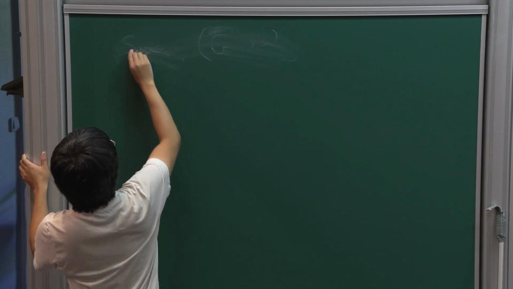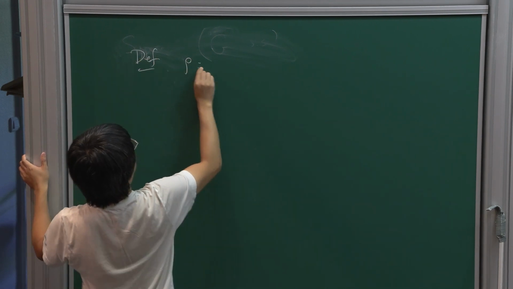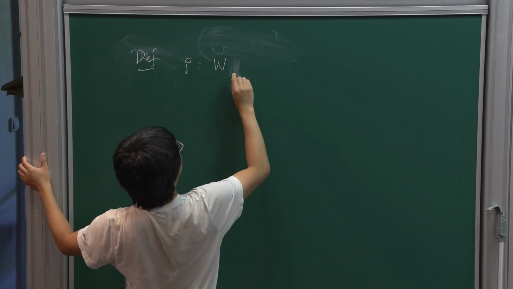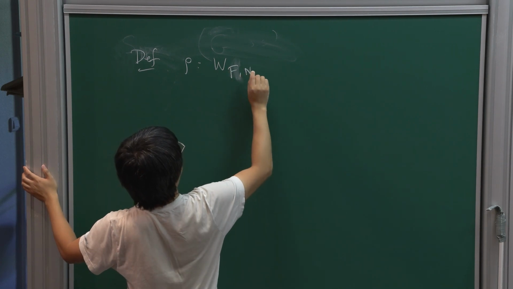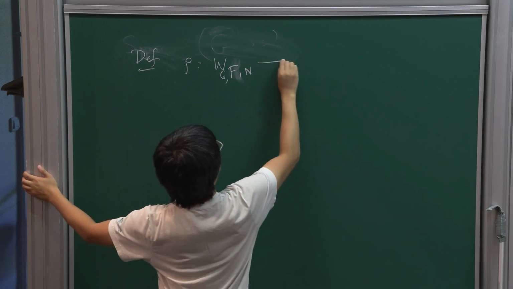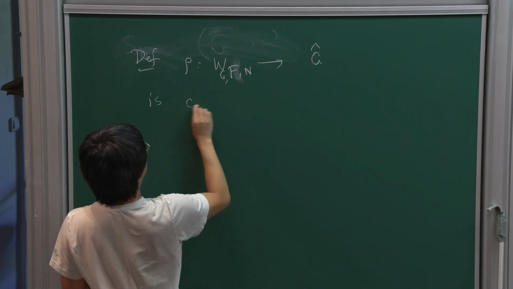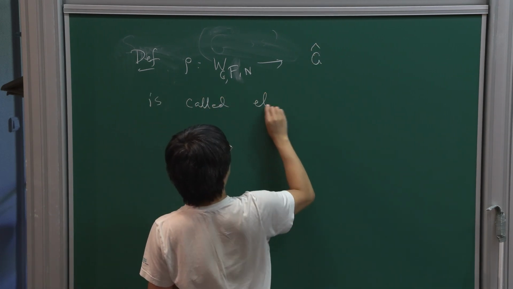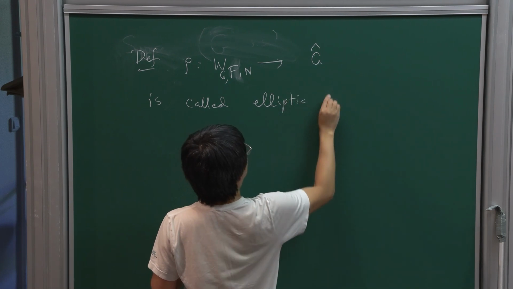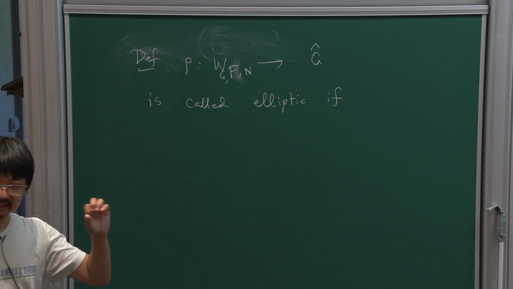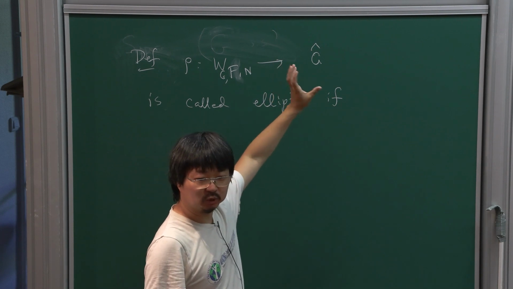So definition: a Langlands parameter, maybe writing it this way, is called elliptic if it's sort of an isolated smooth point in the moduli space.